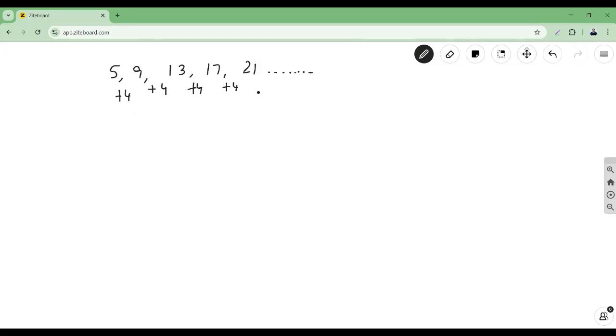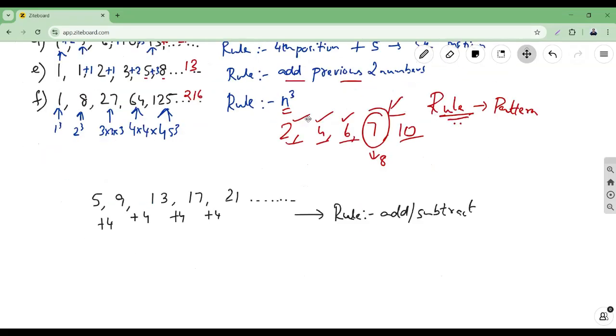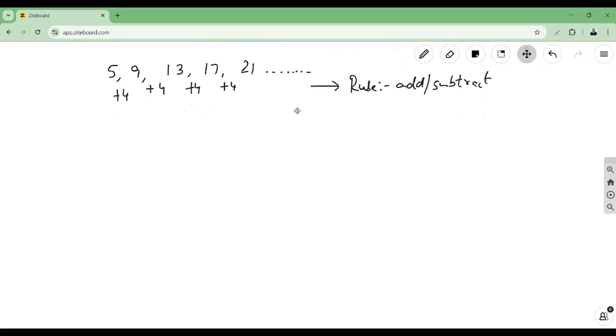So whenever the rule is like addition or subtraction, see, in the previous video you saw many different kinds of rules, right? Squares was there, cubes was there, multiplication was there. But we're not talking about all the different kinds of sequences. I'm talking only about sequences where the rule is some addition or subtraction so that you will get the next number.